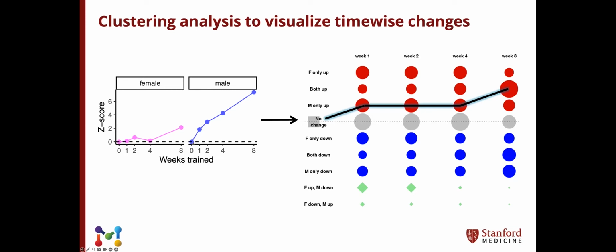And then the same analyte increases in males already after 1 week, and then it keeps being upregulated across all the training time points. This analyte's trajectory would then translate to an increase in males only after 1, 2, and 4 weeks of training, but then be upregulated in both males and females after 8 weeks.